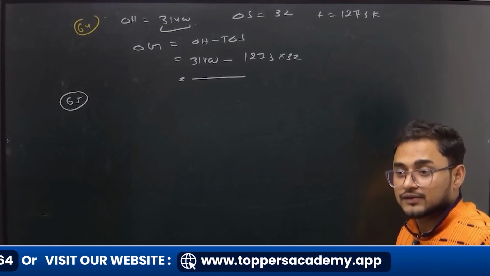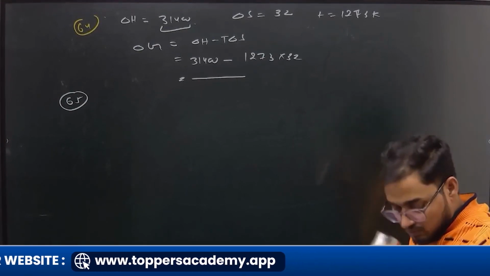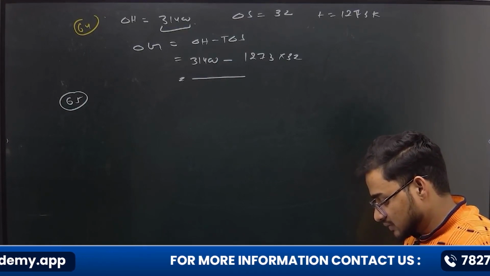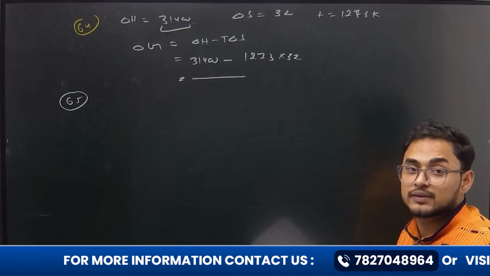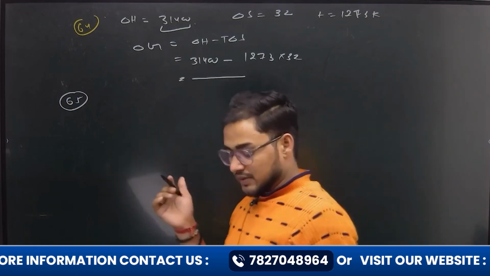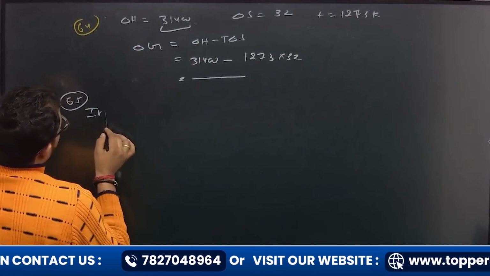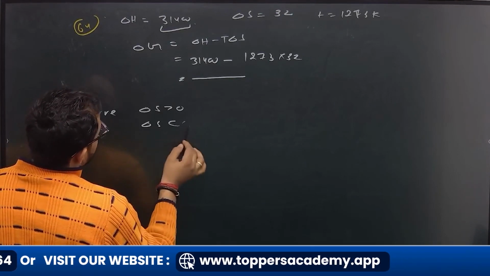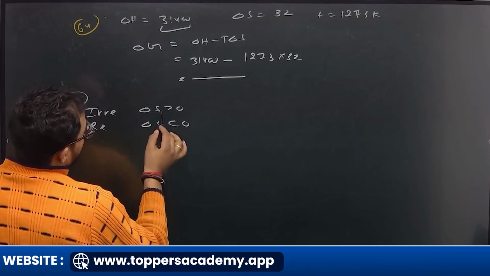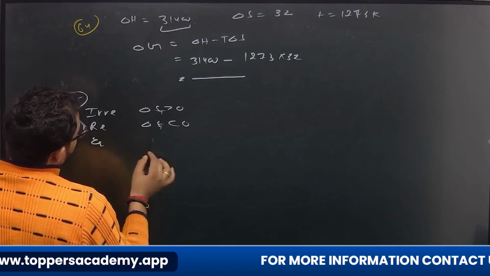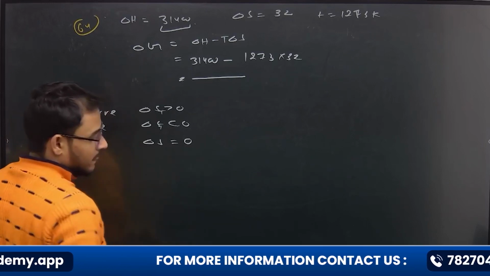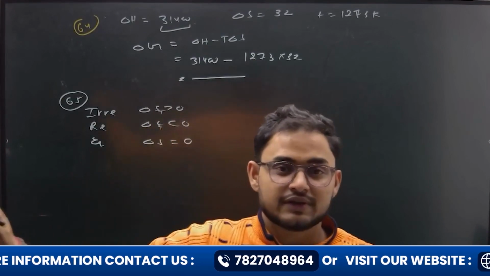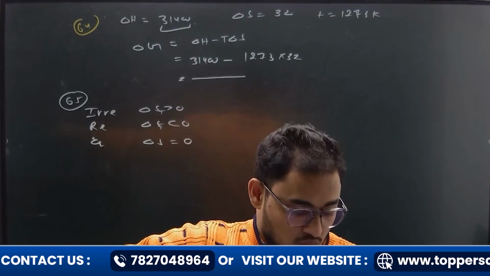If they are asking about entropy change, then generally, if it is an irreversible process, delta S must be greater than reversible. That means delta S must be less than delta S total, that means system plus surroundings. And if it is equilibrium, delta S must be equal to 0. Now you can get the difference in the answer sheet, so we will correct that.